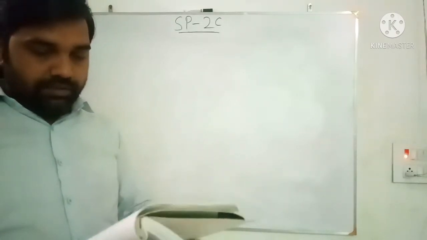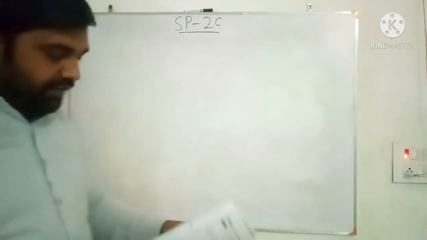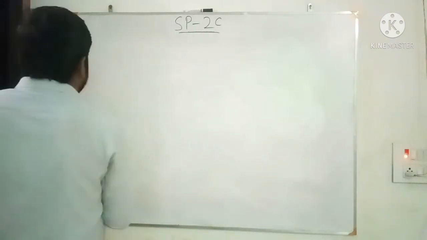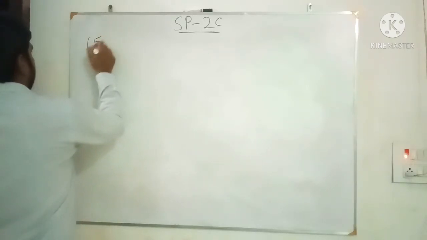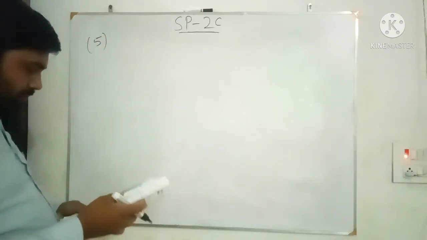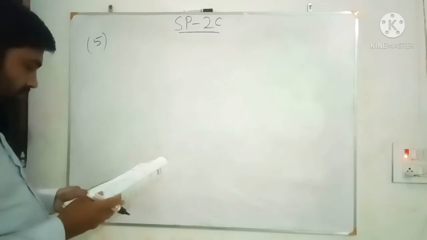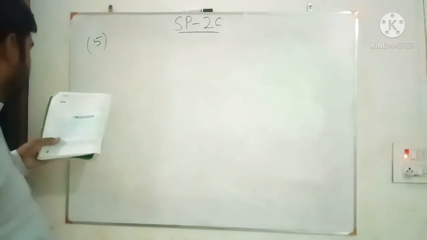Now see, question number 5. Ravi used 1 2 by 5 bags of soil for his garden.